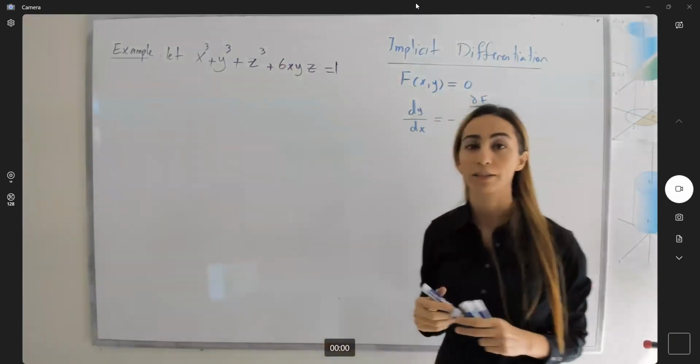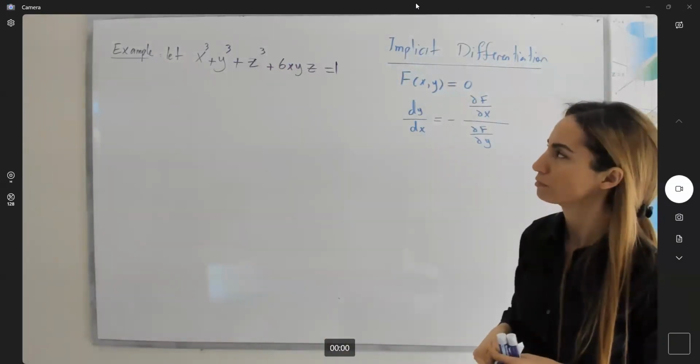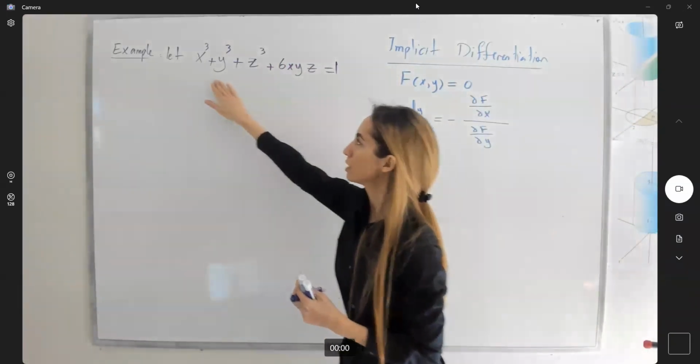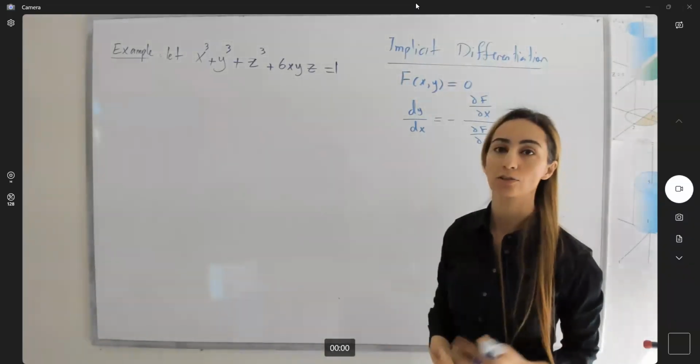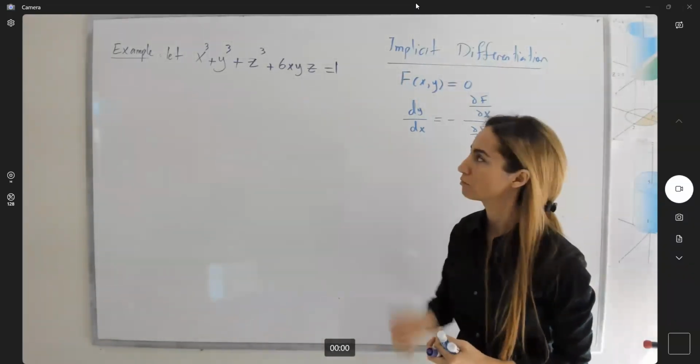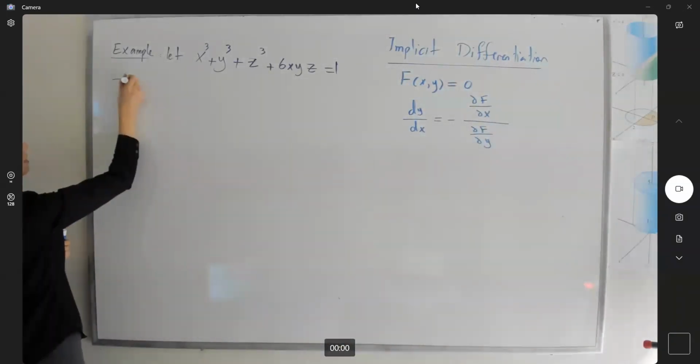Now we want to find the rate of change of variables with respect to each other. As you can see, these variables are attached together, and it's going to be very difficult to isolate one of them. So this relation is defined implicitly.